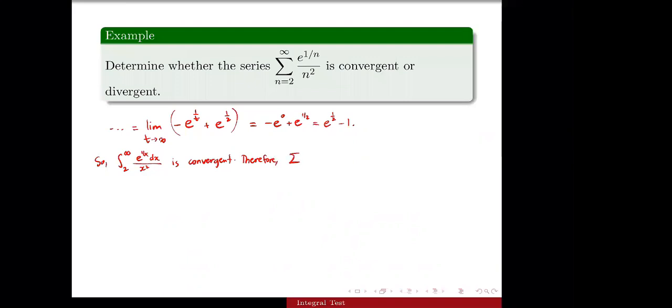The series n equals 2 up to plus infinity e to the 1 over n squared, this here is convergent. Okay?